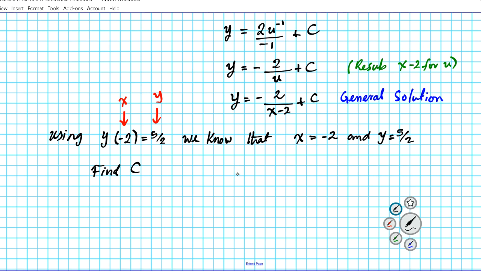Okay, all right, so let's substitute it in. Y is 5 over 2, so we have 5 over 2 equals negative 2 over x is negative 2 minus 2, plus C. So it's just algebra now, just to get C by itself, okay? So we have 5 over 2 equals negative 2 over minus 2 is minus 4 plus C. So you reduce that.